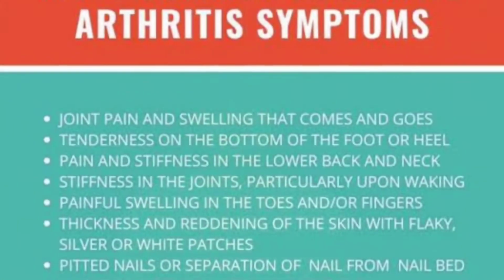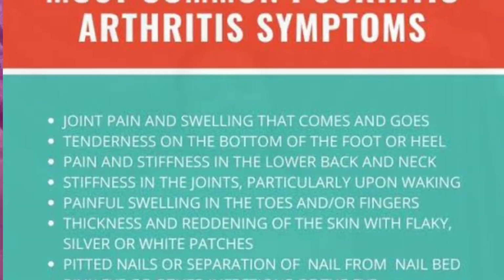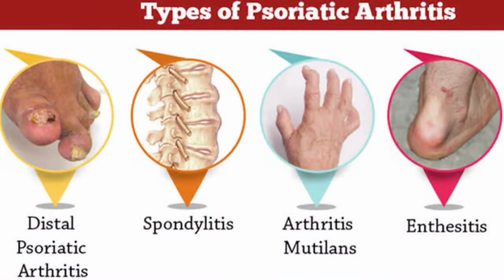It involves more than 5 joints, symmetrically on both sides of the body. Next is arthritis mutilans. It is rare. It affects less than 5% of cases, but it is of a severe variety. It causes damage and destruction of the joints.